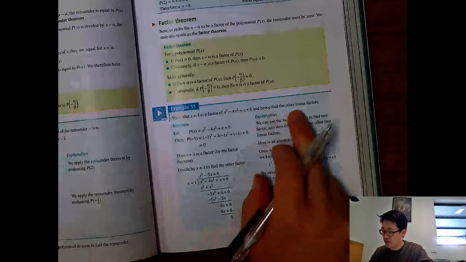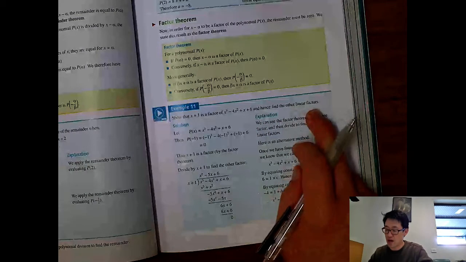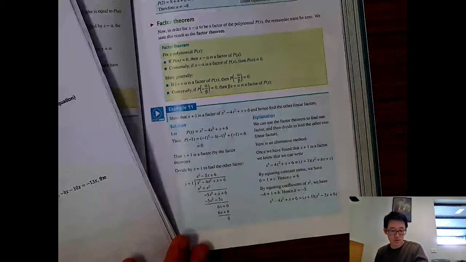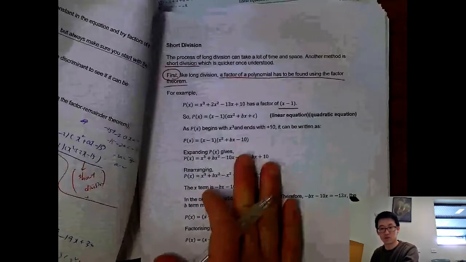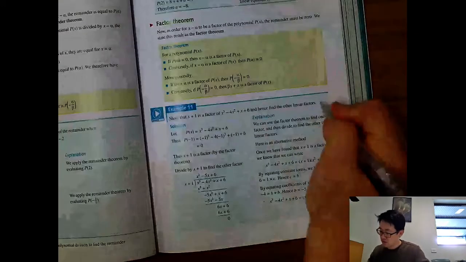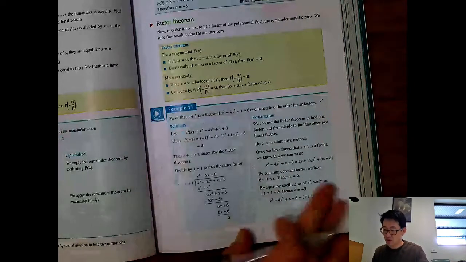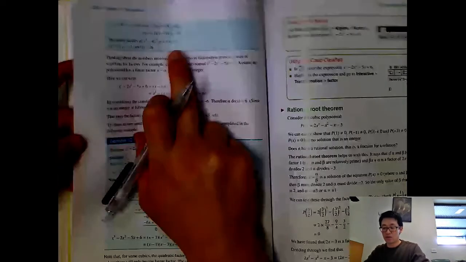They said find the other linear factors, which means you have to do short division, which is the page here. You may come back and continue, or you can have a look later after we learn short division.